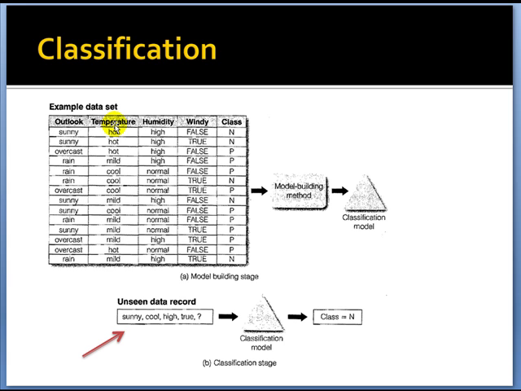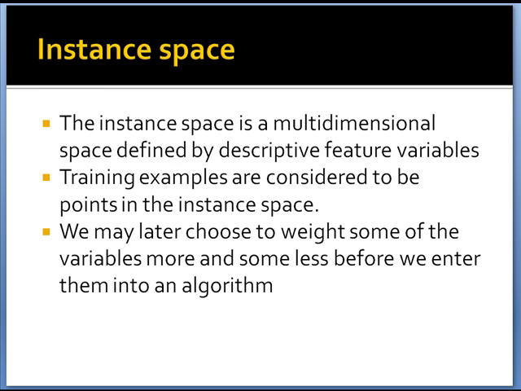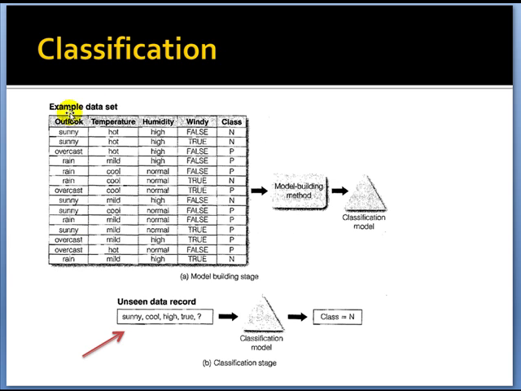So even if we have more than that, where we obviously can't draw it, we can still talk about it as a kind of space. So it's called the instance space. The instance space is a multi-dimensional space, so it could be one-dimensional, two-dimensional, three-dimensional, or more, defined by descriptive feature variables. So I guess these are called descriptive feature variables, or they're just variables.